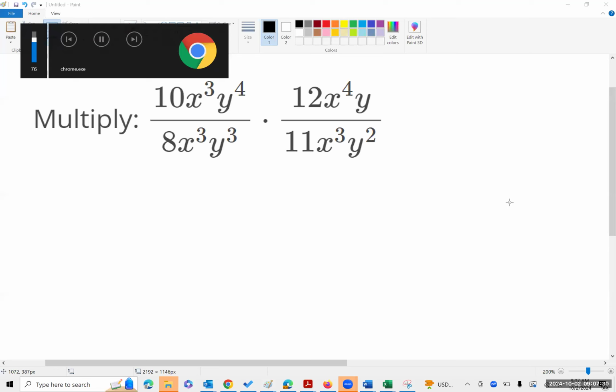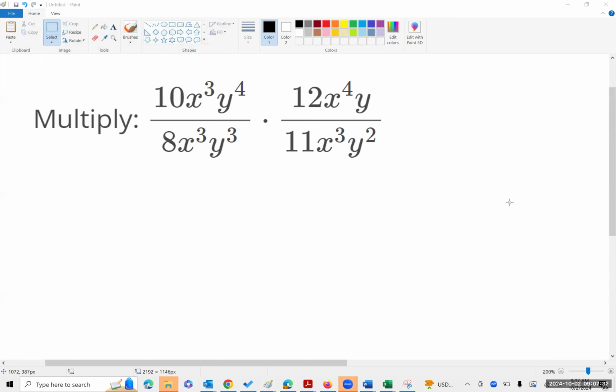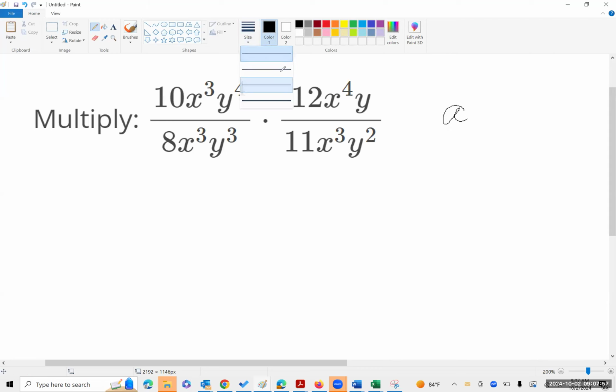So on a problem like this, it says multiply, but it's more than anything about applying properties you've already worked with, the exponent properties. So the main ones that I can see right here that we're going to use are the product property.